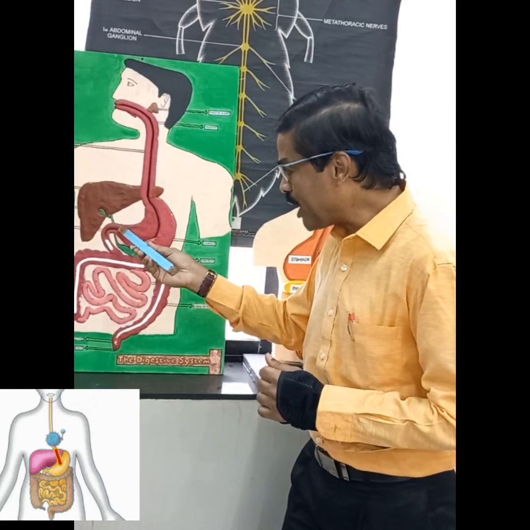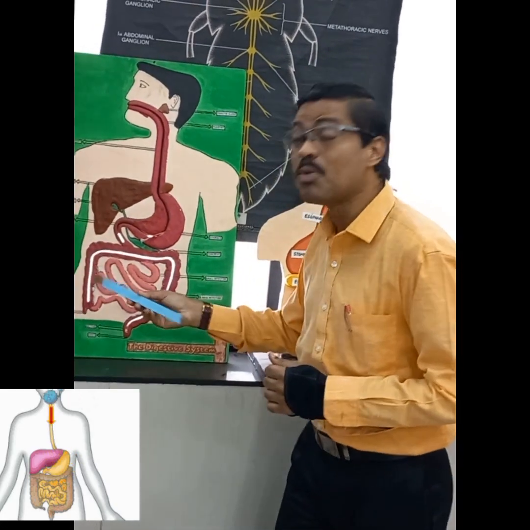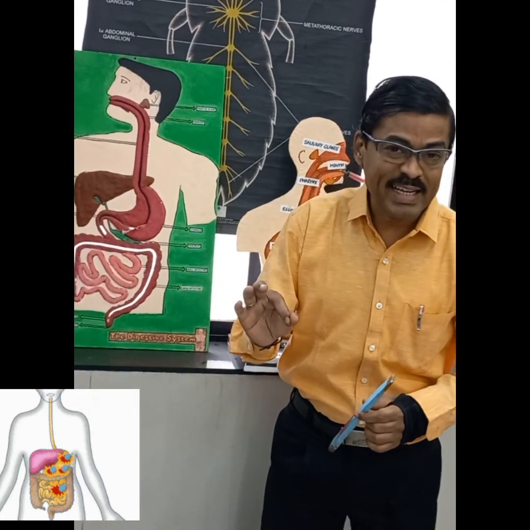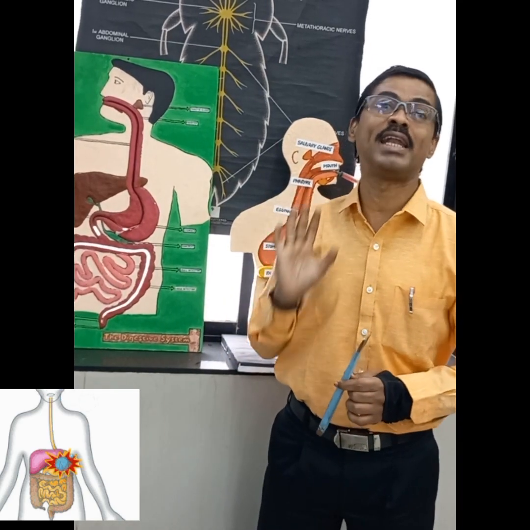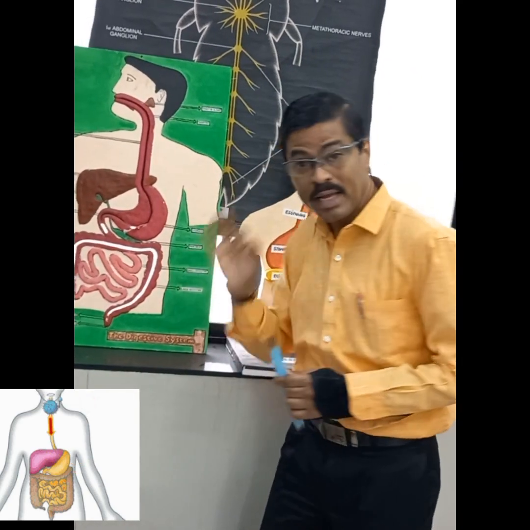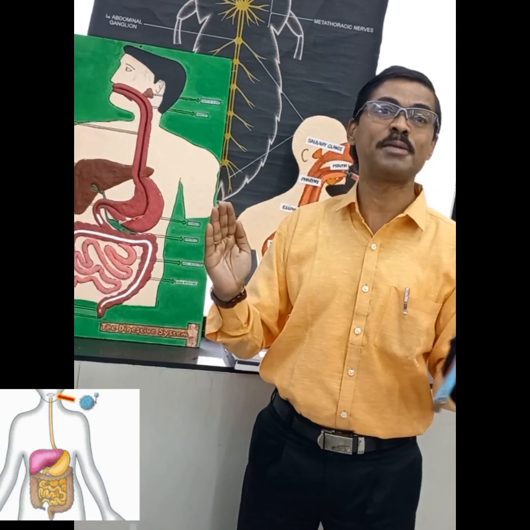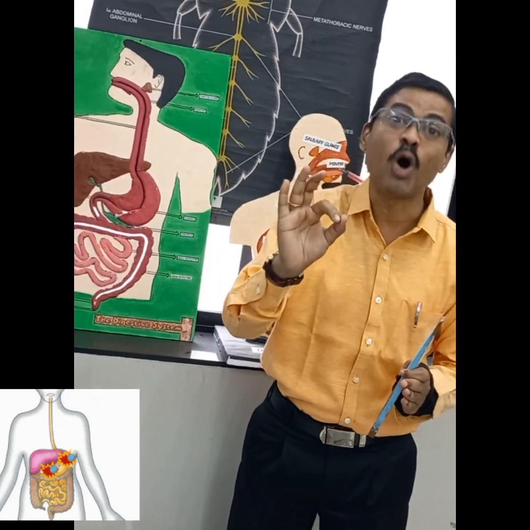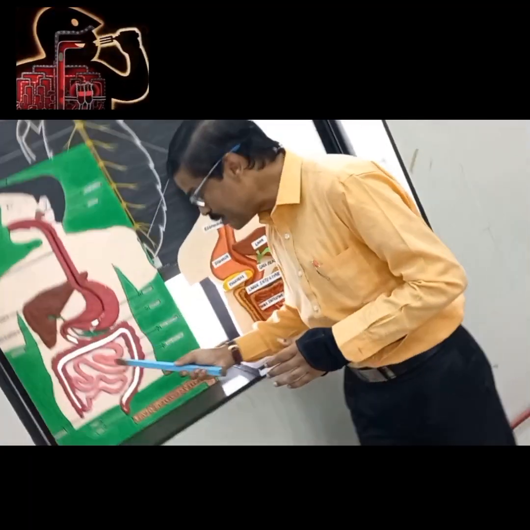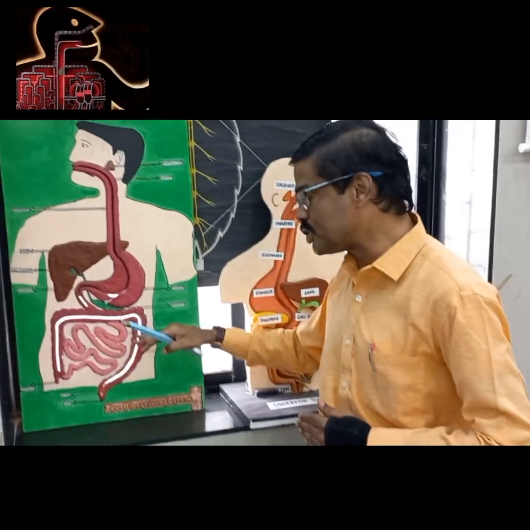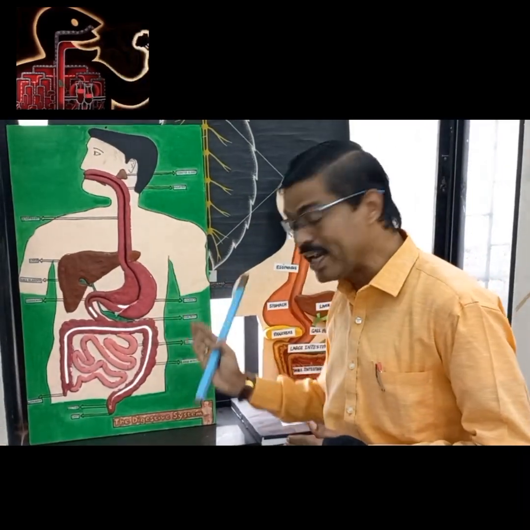Now from the pyloric region it enters into the small intestine. Now small intestine is 6 meters in length. Okay, imagine the entire system 8 to 10 meters. So the major part is occupied by the small intestine. The 6 meters, as you can see in the visceral part, is highly folded.